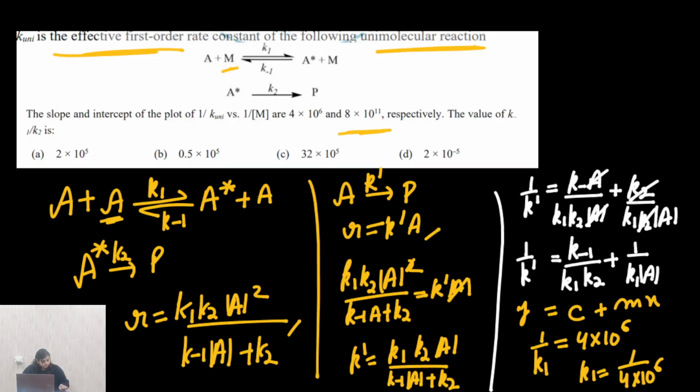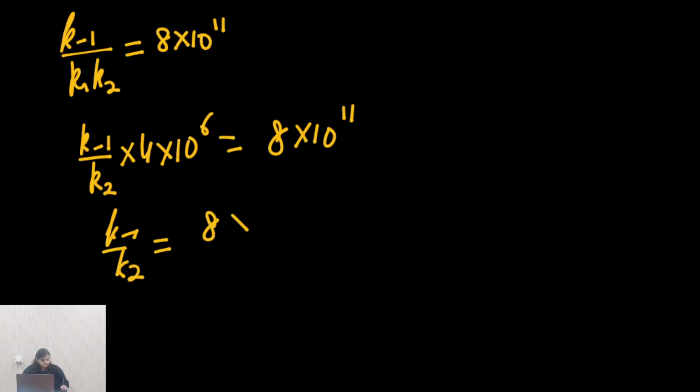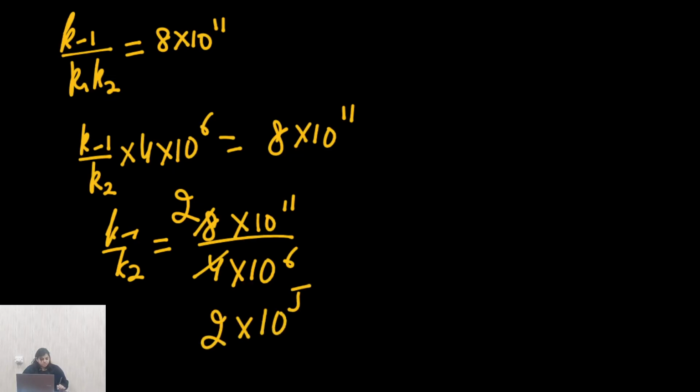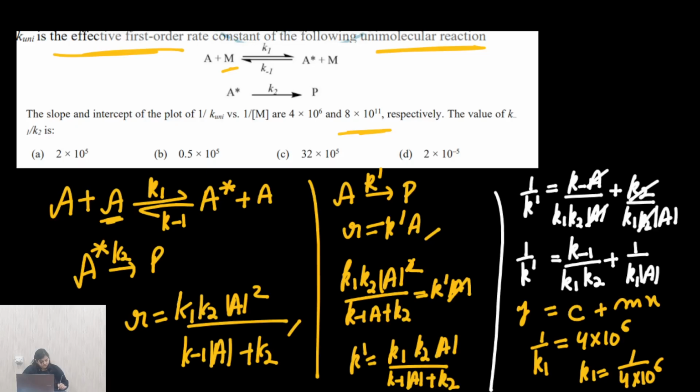K1 we have calculated. So K inverse by K2 into 1 by K1, with 1 by K1 equal to 4 into 10 to the power of 6, is equal to 8 into 10 to the power of 11. From here, K inverse by K2 comes out as 2 into 10 to the power of 5. So this is the ratio, and this was a very good question from the unimolecular reactions. So the answer becomes option A in this case.